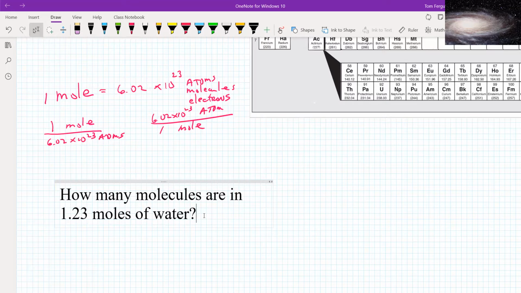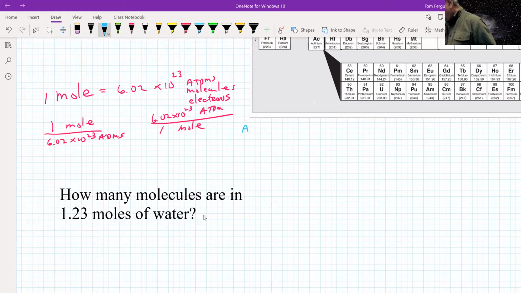How many? That's the key word. Whenever you see how many, I want you to key into 6.02 times 10 to the 23rd. Now, the guy that discovered this is named Avogadro. So this is Avogadro's number, 6.02 times 10 to the 23rd.